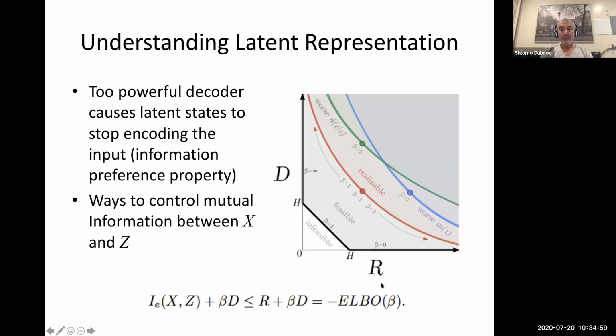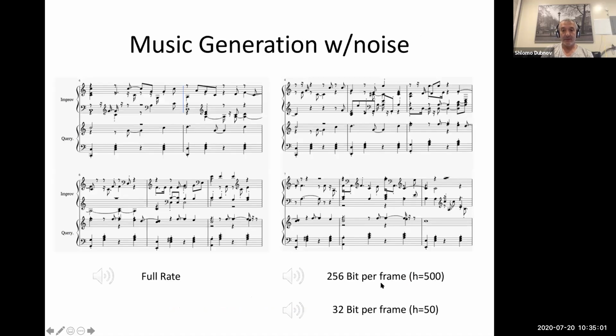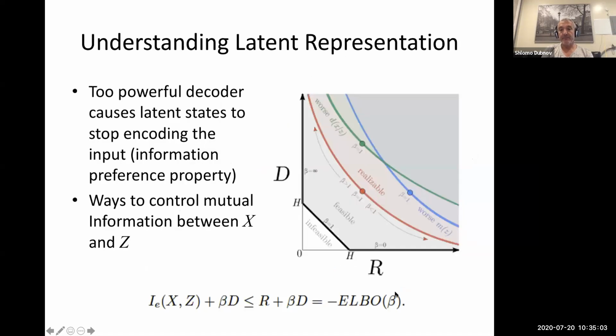So one could show that the process of learning the lower bound, the evidence lower bound, could be rephrased, as I mentioned, as the rate distortion trade-off.